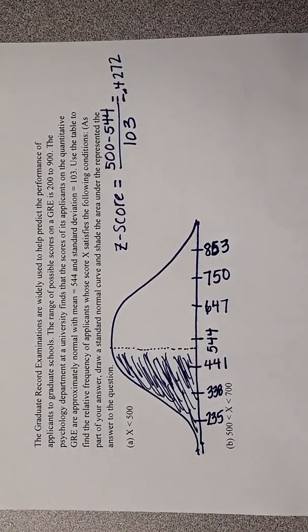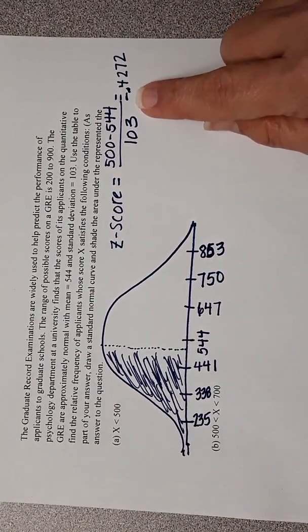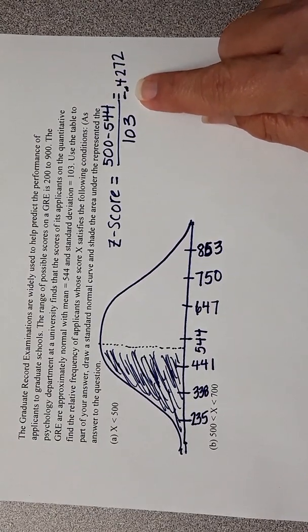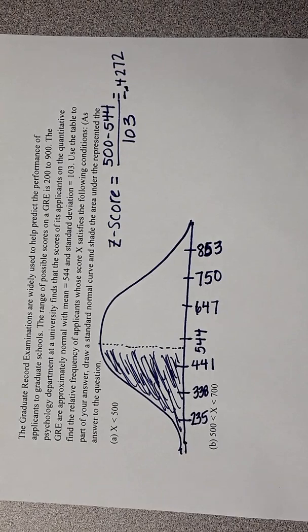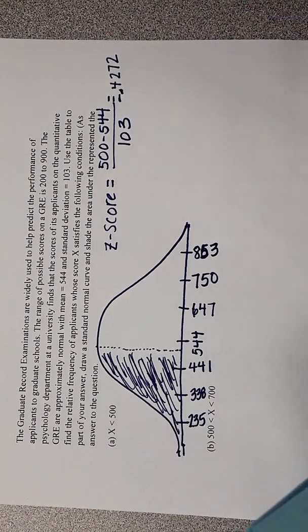Okay, so you guys, we have negative 0.427. Well, negative 0.427 doesn't show up on here. We can't go 3 decimals out. So we're going to round to negative 0.43. Okay?